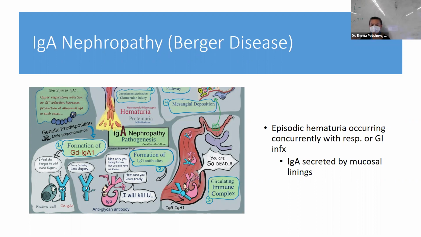Then we have this nephritic kind of process. You can see a similar antibody-antigen complex mucking up the system. We're seeing episodic hematuria that's occurring.